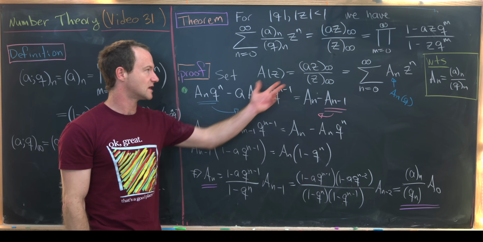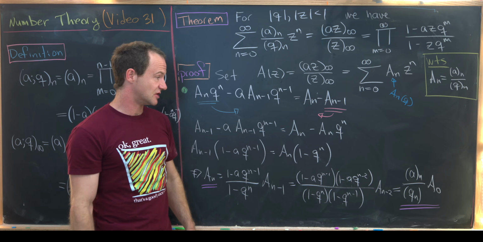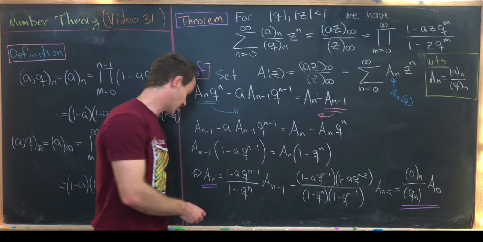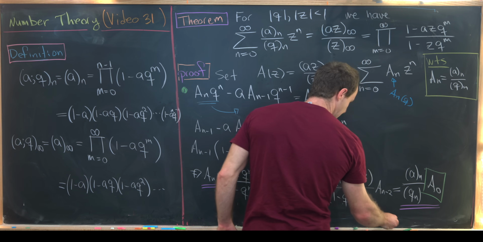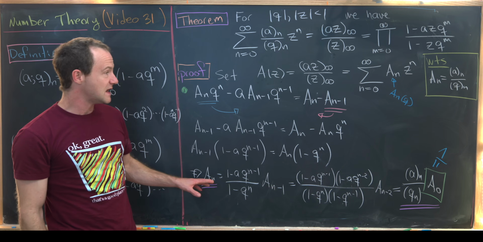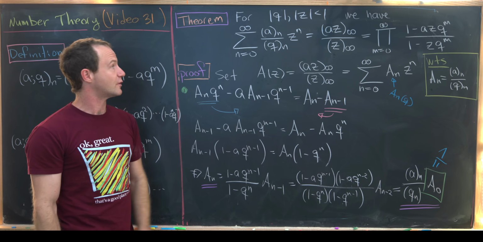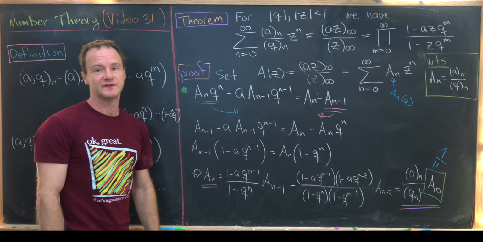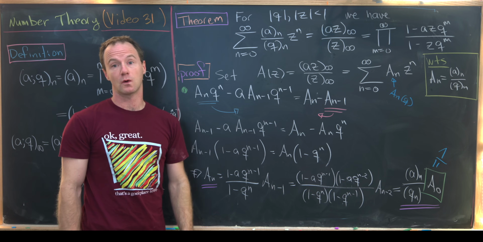And notice that the constant term of this expansion, when everything is expanded as a geometric series, will just be the number 1. So that means we can take this a0 here and just replace it with the number 1, meaning we have built this formula in the yellow box, which is what we wanted in order to prove this identity. Okay, so let's maybe get rid of this proof and we'll look at a corollary.